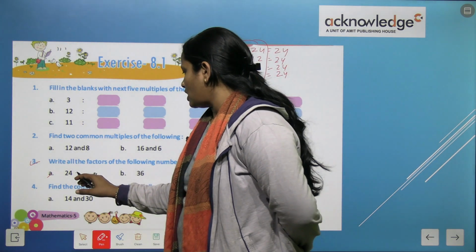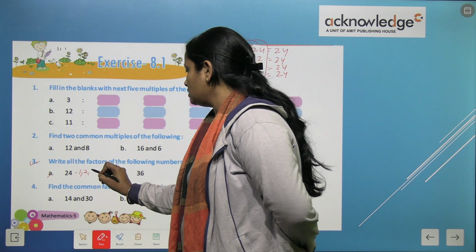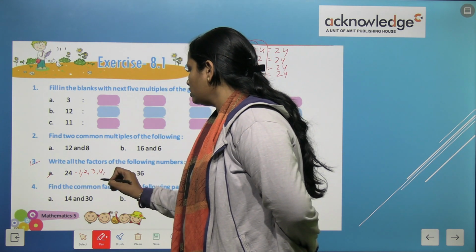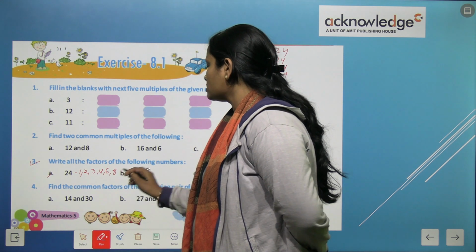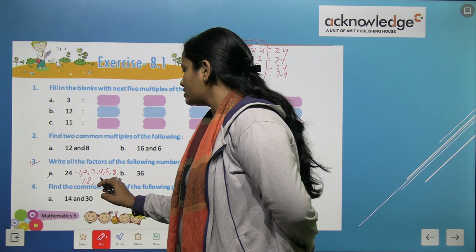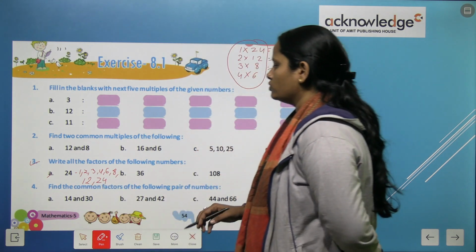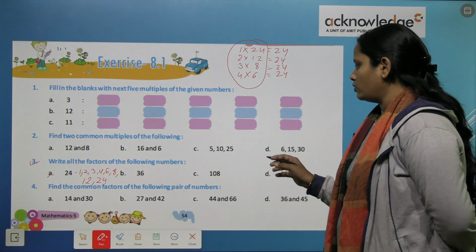So the numbers are 1, 2, 3, 4, 6, 8, 12 and 24. So these are the factors of 24.